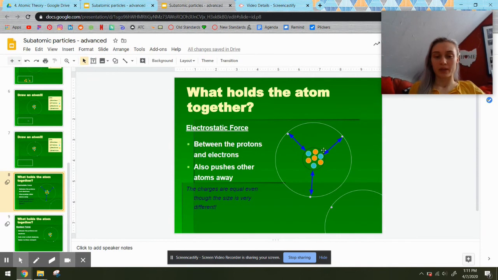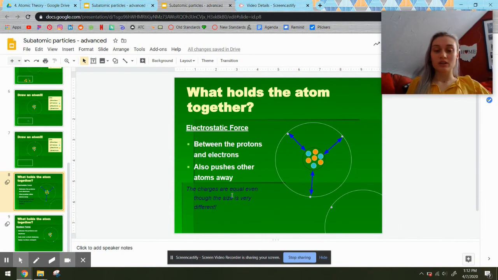The protons and electrons are opposite charges, right? And so we don't really know why the electrons don't just float away, but we think it's because of this electrostatic force. Because protons, since they're positive, attract the negative electrons, so they won't go very far, okay? They're going to stay in their little electron cloud out here.